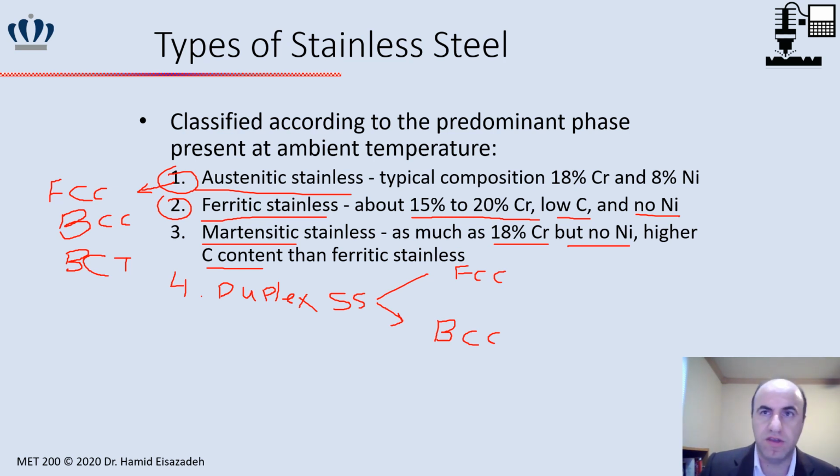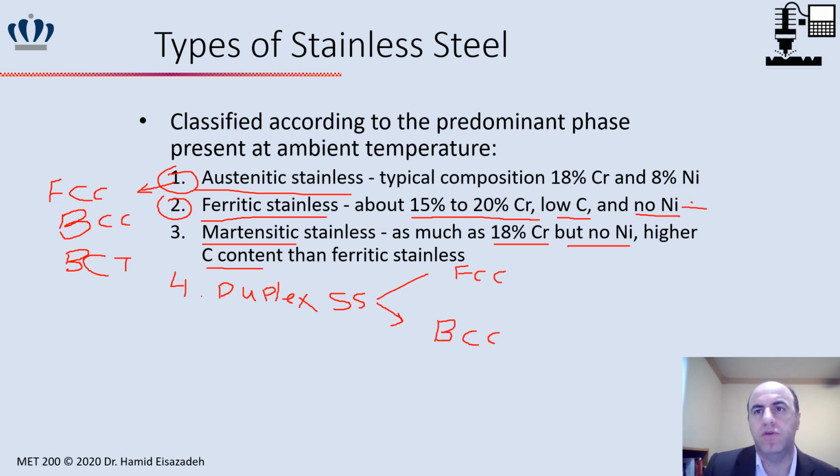Austenitic stainless steels are used for food and chemical processing equipment, as well as machinery that requires high corrosion resistant material.